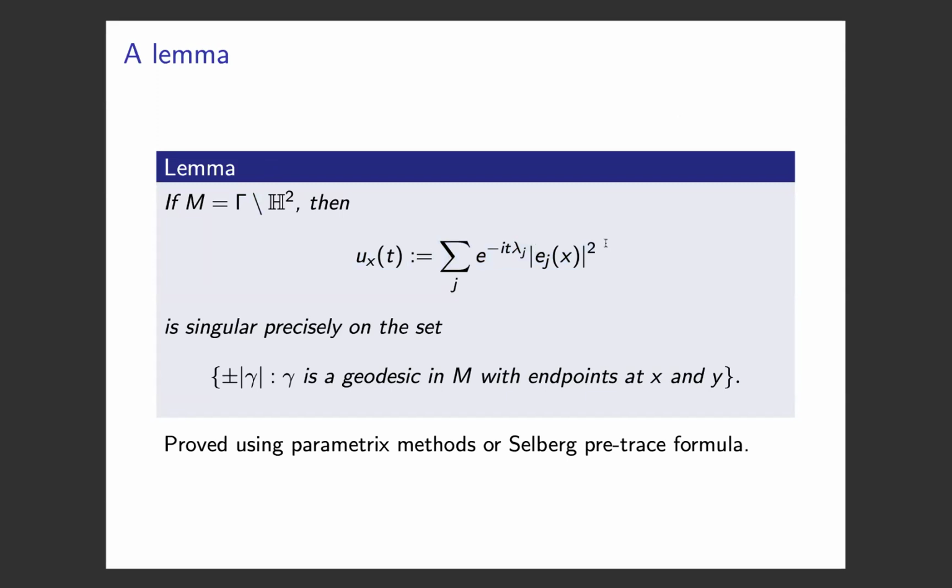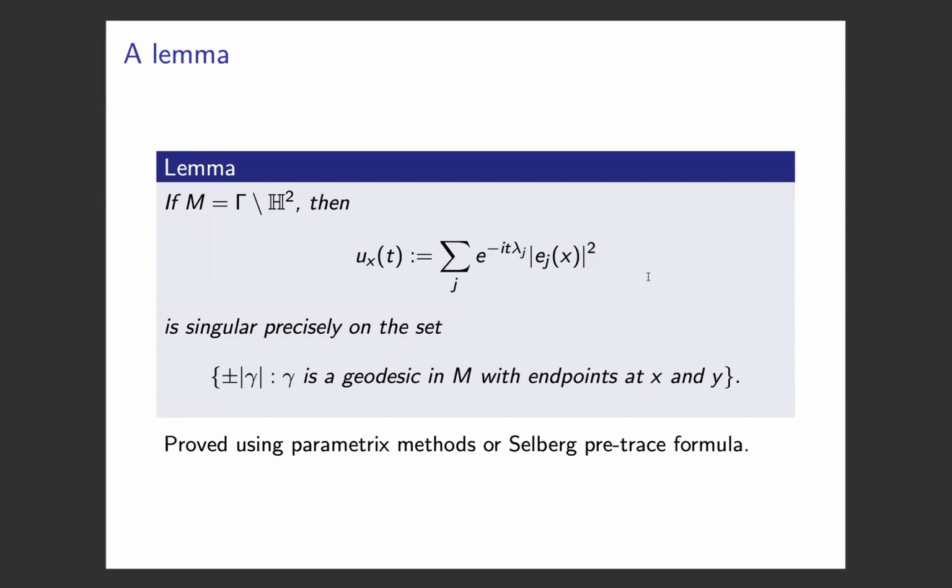Now, this sum definitely doesn't converge. However, you can make sense of it as a distribution by testing it against a smooth or Schwartz class function, and taking a look at its action on Schwartz class functions, as long as you integrate in t before you sum in j. And that's the sense in which we think about these as distributions.